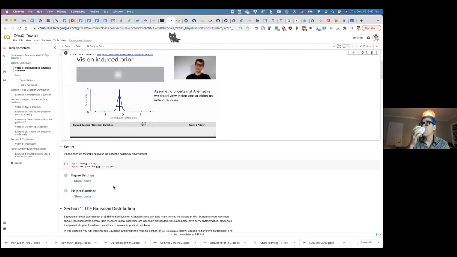And so in that sense, vision sets us up with a prior belief. It is more likely that the auditory stimulus that comes afterwards will be in the vicinity of this area, less likely that it is further away.